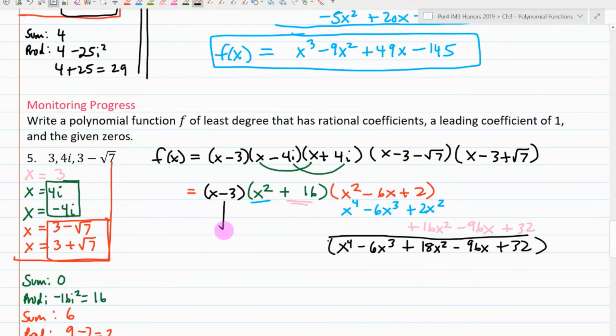And then I still have this x minus 3 that I have to multiply times this. All right, so when I multiplied these two together, this was the result. If you'd rather use the box method to do that, that's totally fine. Now I'm going to multiply these two together.